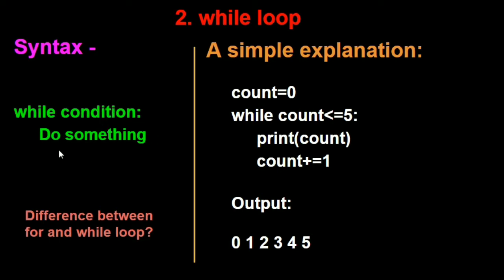Also, you will have to keep incrementing the value of the condition, incrementing or decrementing, however your logic is supposed to be. Let's take a simple example. We have count is equal to 0, and while count is less than equal to 5, I wanted to go on printing the numbers. So it will print 0, 1, 2, 3, 4, 5, and here I am incrementing count inside the while loop. Very simple.